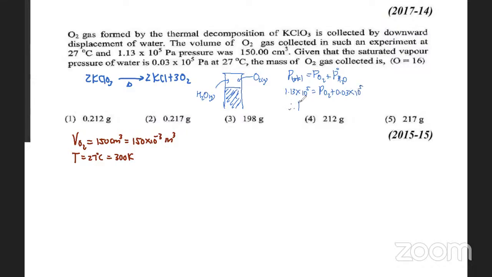So partial pressure of oxygen is going to be 1.10 into 10 to the power 5 Pascal. That is the partial pressure of oxygen. So if you are going to apply the equation for oxygen, you have to know the pressure of oxygen gas alone, 1.10 into 10 to the power 5 Pascal.